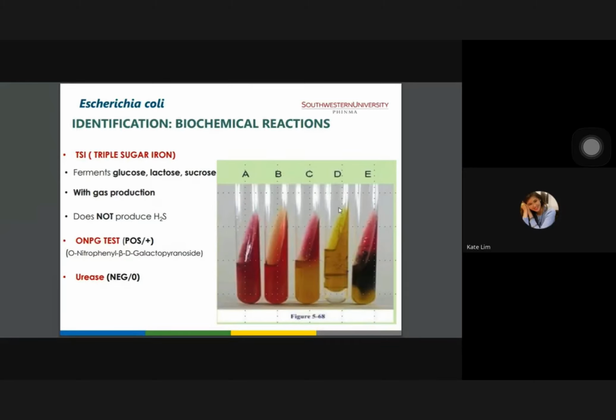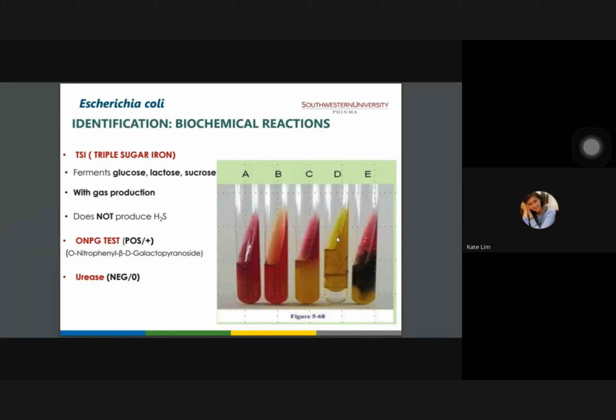Letter D, as in dog. It ferments glucose, which is the butt. If fermentation is happening, the color should change to yellow, so the butt is acid. For the slant, lactose and sucrose are also fermented by your E. coli, so there should be a change of color to yellow.